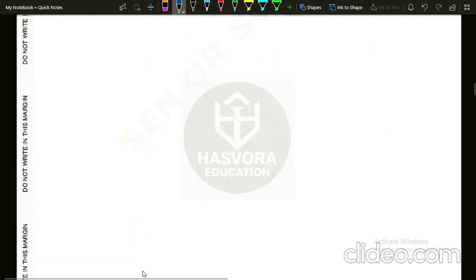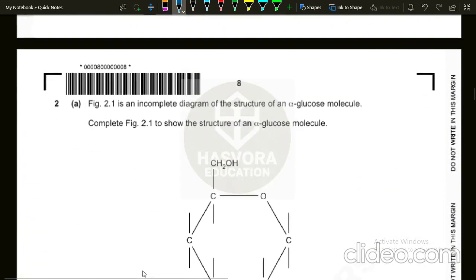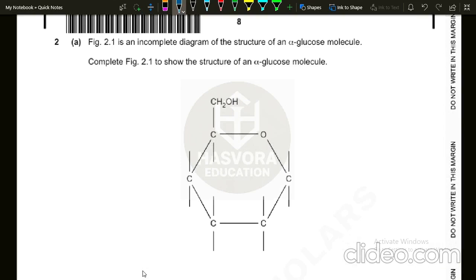Let's move on. So this big question has just come to an end. We have just hopped into question number 2. Figure 2.1 is an incomplete diagram of the structure of the alpha glucose molecule. Complete figure 2.1 to show the structure of an alpha glucose molecule. You should remember that alpha glucose has the OH group facing downwards.